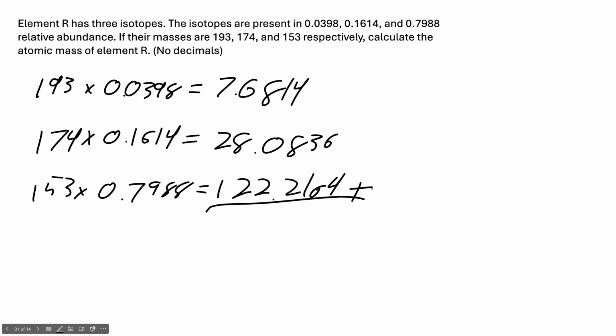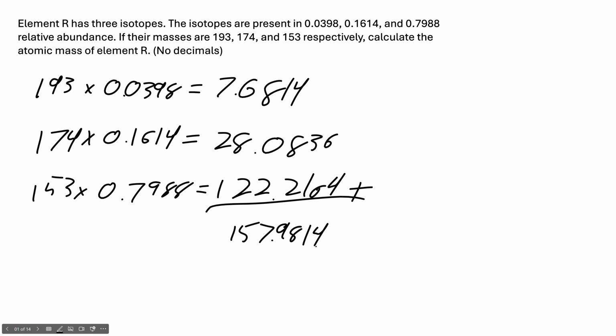And sure enough, I find a value that is in between all of those, and as I expected, much closer to our last value there, because most of it, roughly 80%, is that lighter isotope.